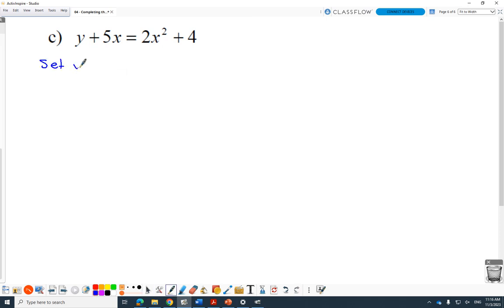The question said, find the zeros. That's why I'm doing set y equal to 0 at the start of each of these.